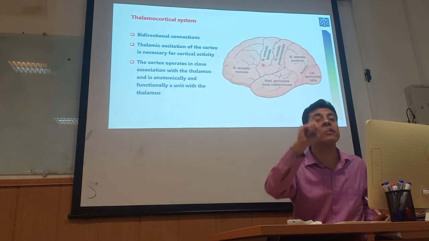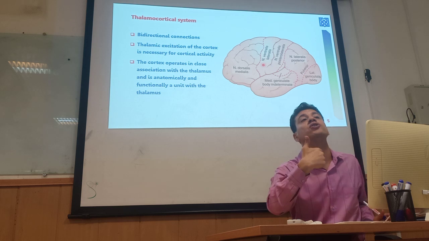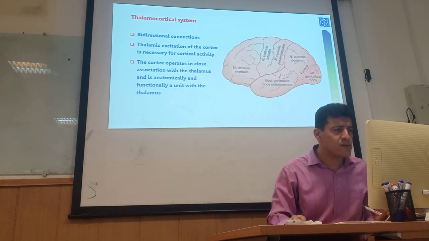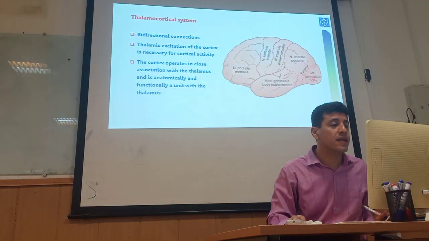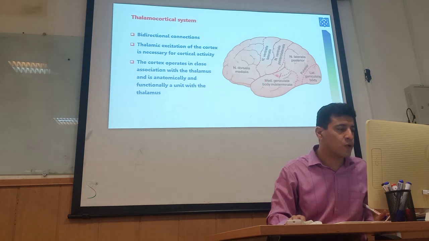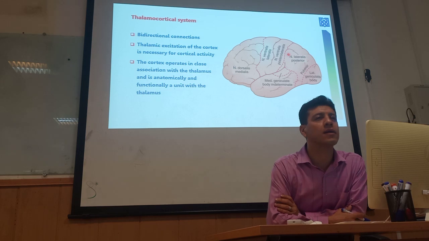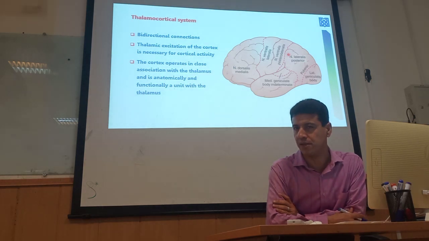So the motor cortex is connected with the lateral and anterior nuclei of the thalamus. So each region, this one is important for vision. It's connected with lateral geniculate body of the thalamus. Auditory cortex is connected with the medial geniculate body. This one here, prefrontal cortex, dorsal medial nucleus, or mediodorsal nucleus of the thalamus. So each region is connected to some specific nuclei.